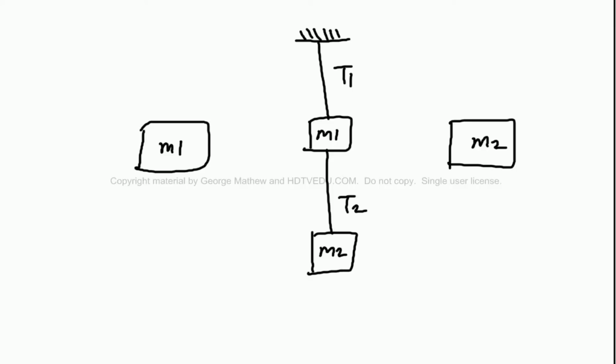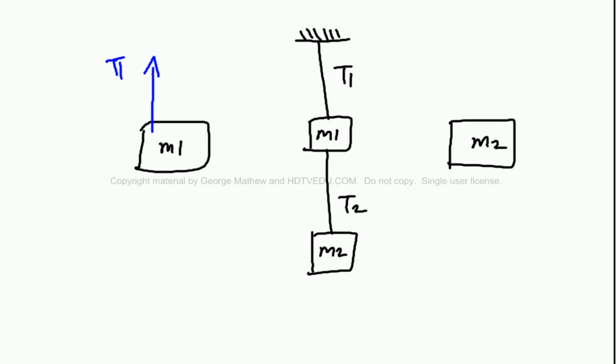On the mass M1, we have tension T1 vertically up, correct? Don't forget, the string always pulls away from the object. The tension always acts away from the object. So T1 acts vertically up. There's nothing else that acts vertically up.